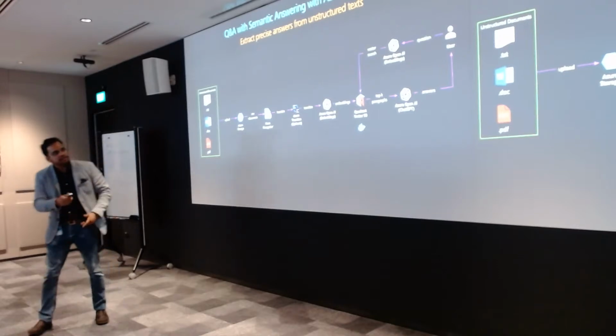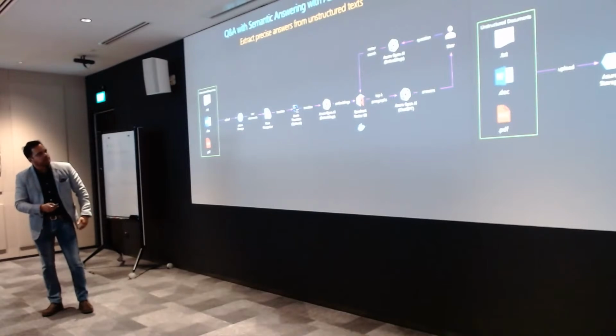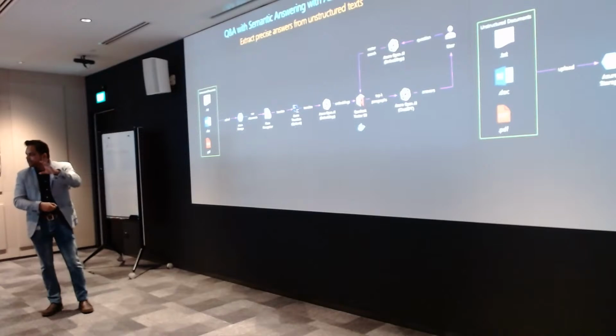Let me give you an example. In this case, I'm using Quadrant DB as my vector DB. Embeddings are done and all my embeddings are stored here. Think of embeddings as the numerical representation of my text with the context, semantics and meanings. I'm using ChatGPT to create a bot with whom I can talk.